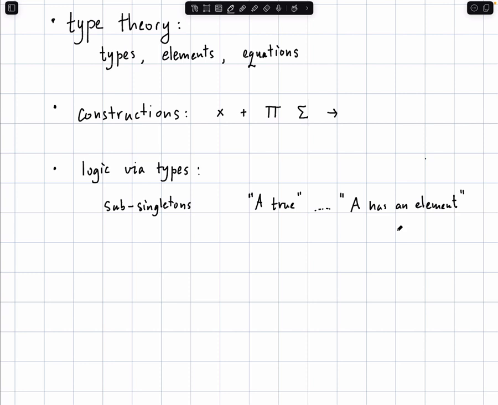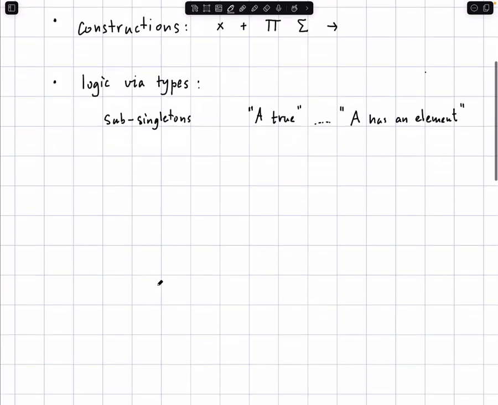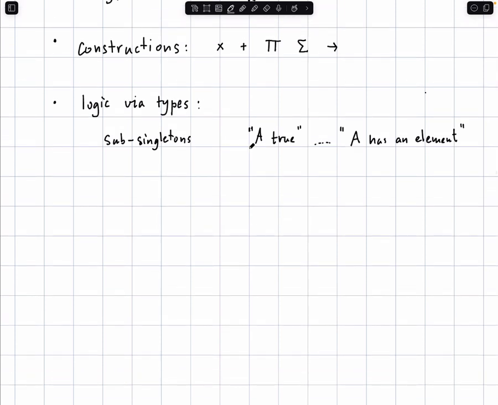But we quickly realized that actually we maybe don't have to use subsingletons, that in some cases there will be different ways of a statement being true. So let's review how we had a little table of how this works. Why did we use subsingletons? The reason is that then we could just reuse these other constructions as logical connectives.